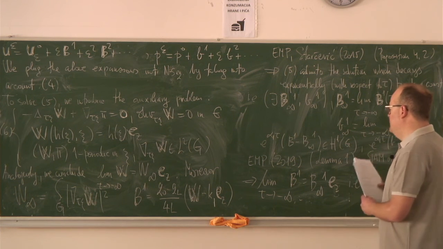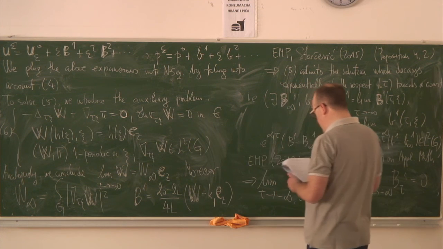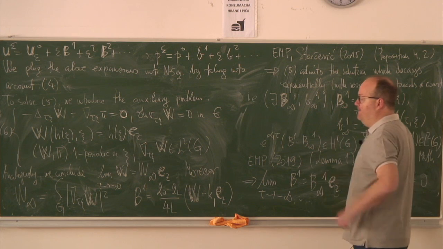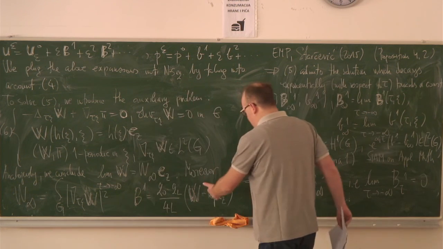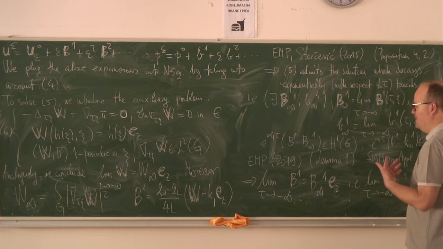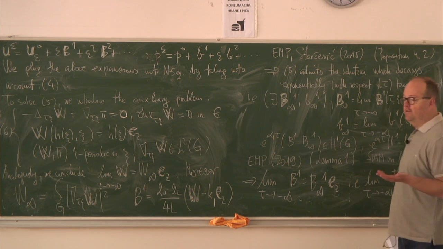Okay, this K1 appears due to the K1 in problem 5, that I erased. And this is the constant that we can choose. And now the question is how we will choose it. What do we want from the boundary layer correctors?